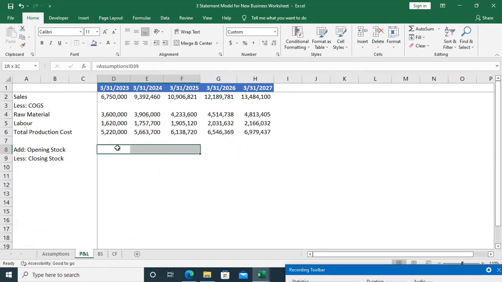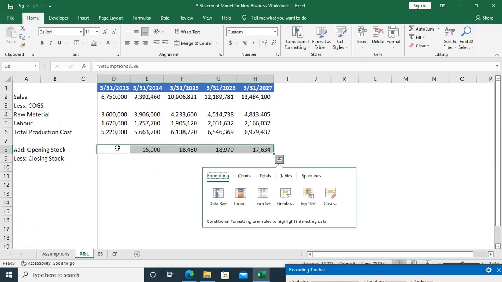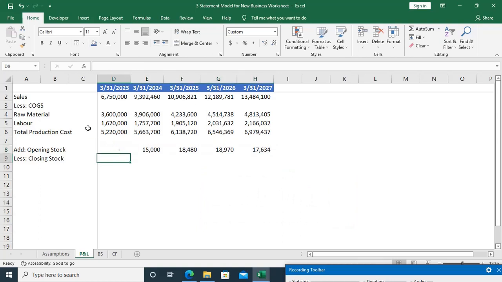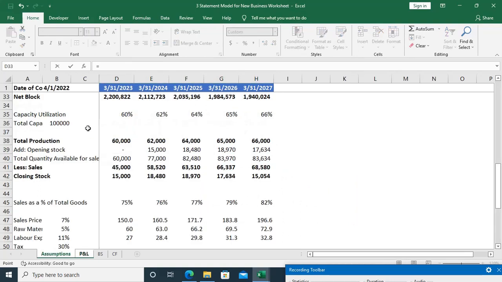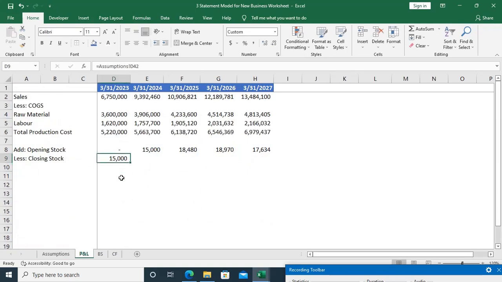Add opening stock, less, what should be? It should be closing stock. Why am I adding and subtracting this thing? Control R. This is quantity. Okay, this is just the quantity part, not the value of it.